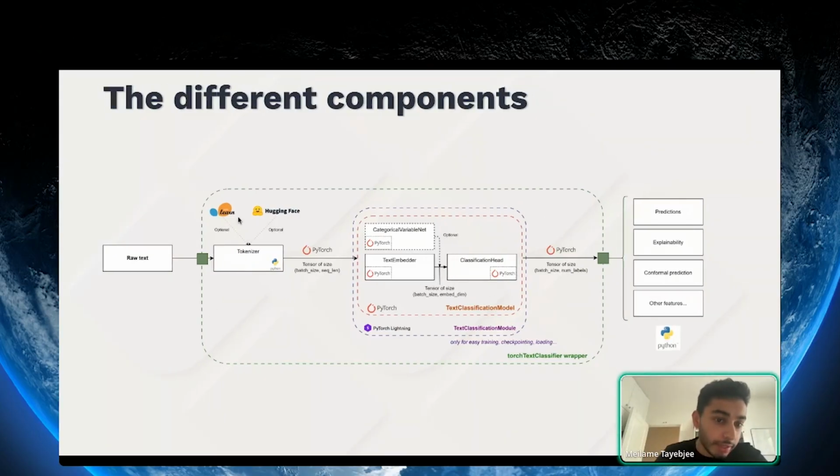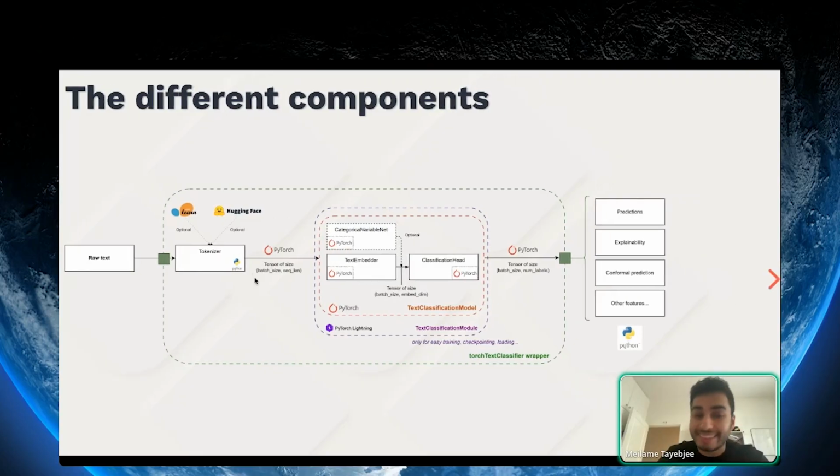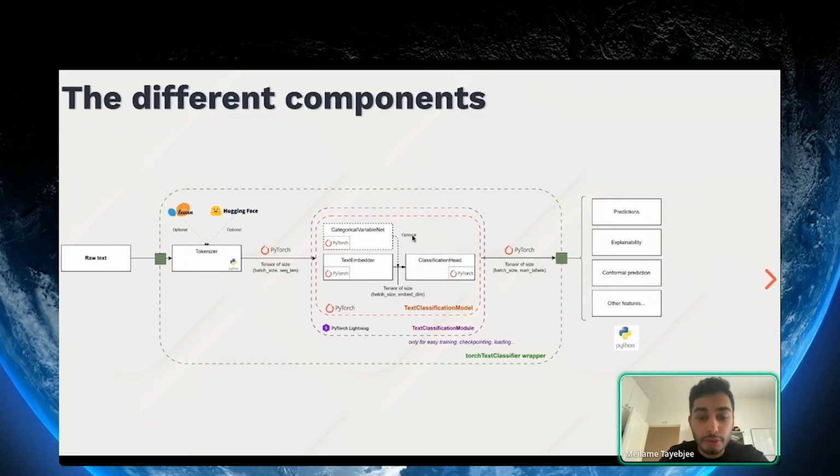Then you have a tokenizer that can come from Hugging Face, for instance, but it's optional. You can also use an n-gram tokenizer, which is completely in Python, and we propose one of them. This outputs a tensor in PyTorch, and it goes through your text classification model, which is a PyTorch thing. You have a text embedder, a classification head, and then you have your labels here, and you do whatever you want with your labels.